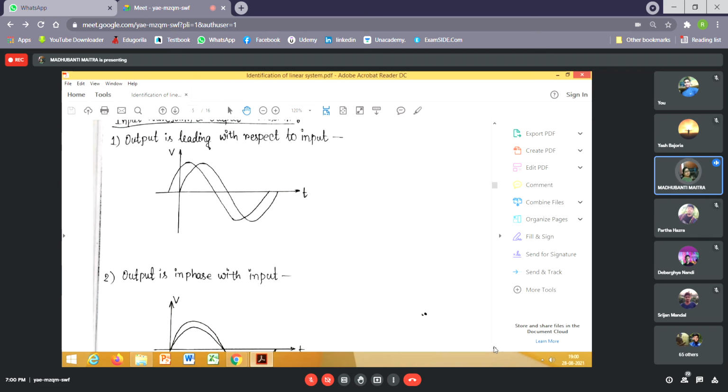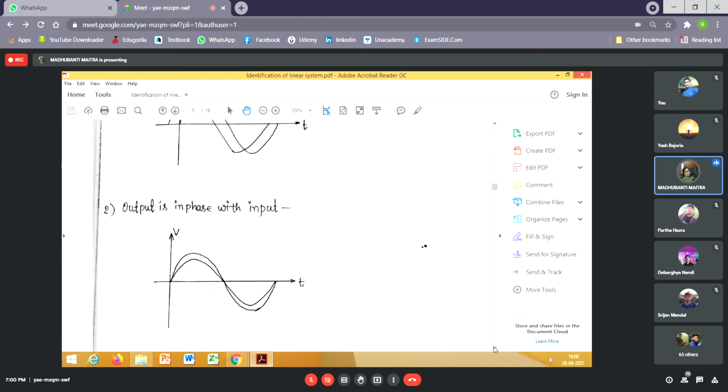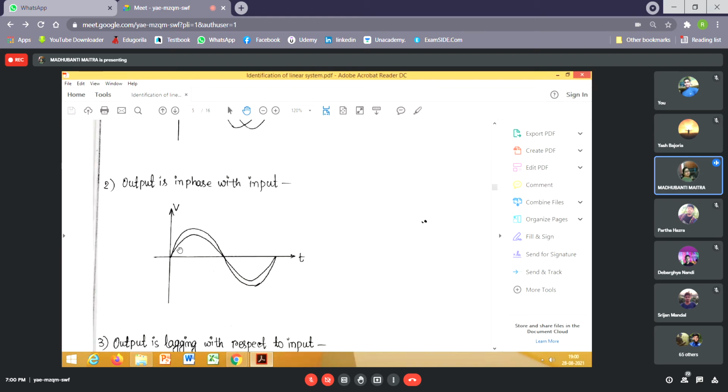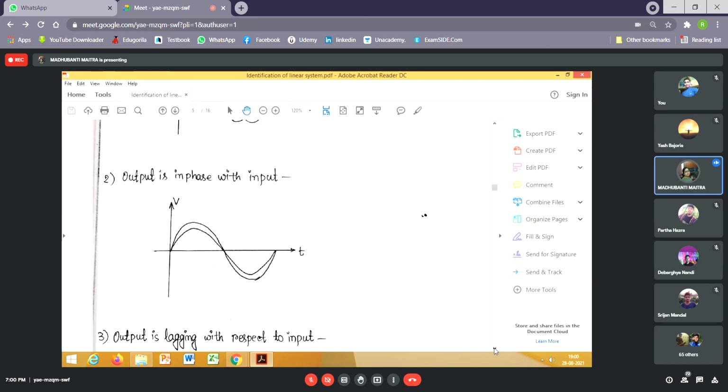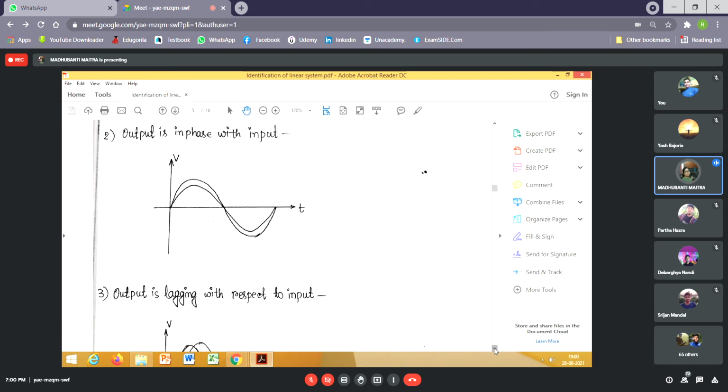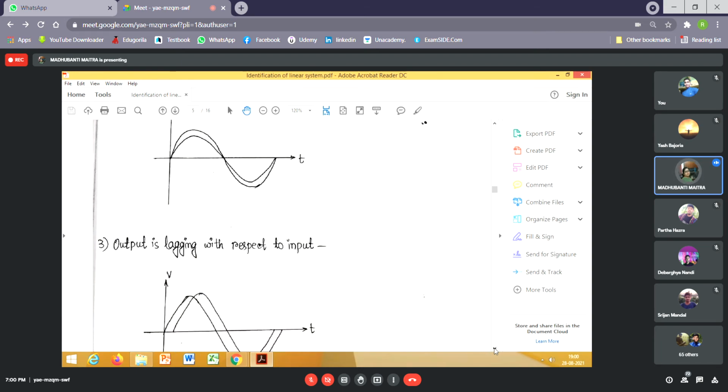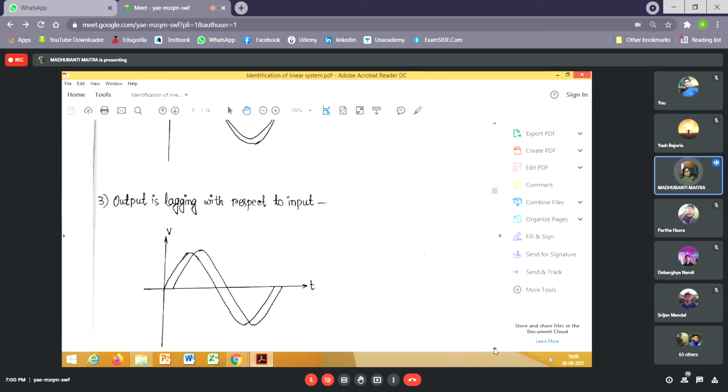Now, if there is no phase shift, that means if they're in phase, the angle, after computing, if we find that phi is 0, that means they're in phase, right? And if we find that the phase angle is negative, that means the output will be lagging with respect to the input.